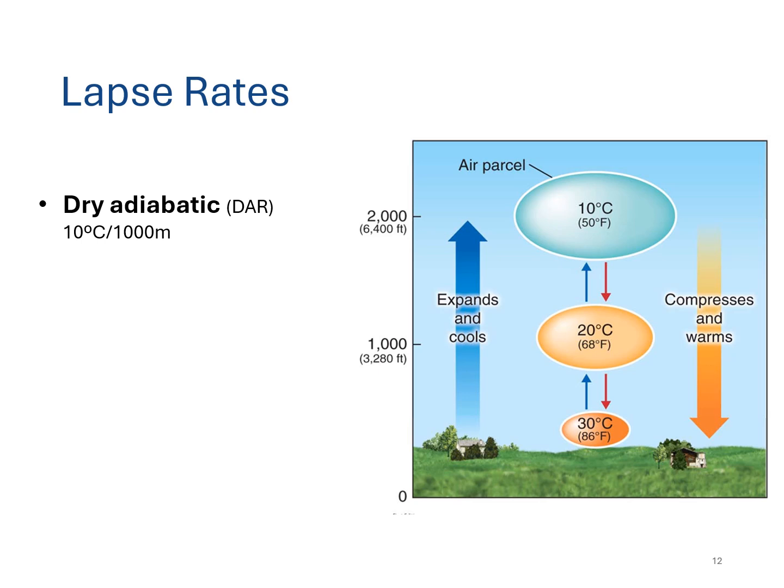First off, we have the dry adiabatic lapse rate, the DAR. This is the one you just looked at. It's a change of 10 degrees Celsius per every 1,000 meters moved up or down in the atmosphere. We use the dry adiabatic lapse rate when we are dealing with an unsaturated air parcel, hence the name dry.